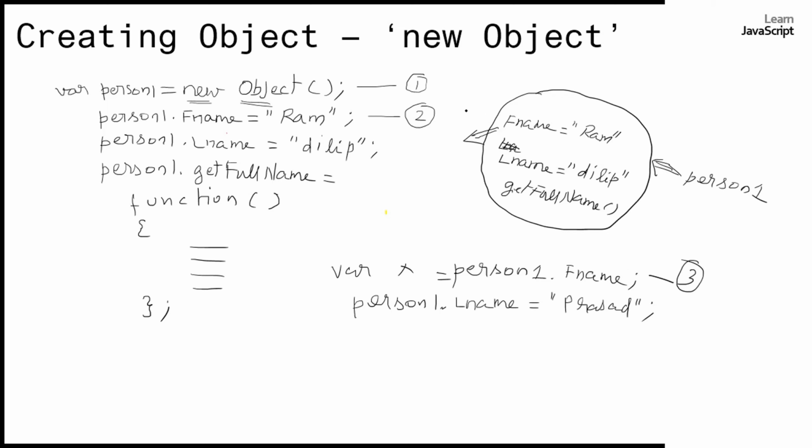Here we are actually reading the first name, and here if you see, we are assigning Prasad to lname. That means we are writing it. So here we are writing.